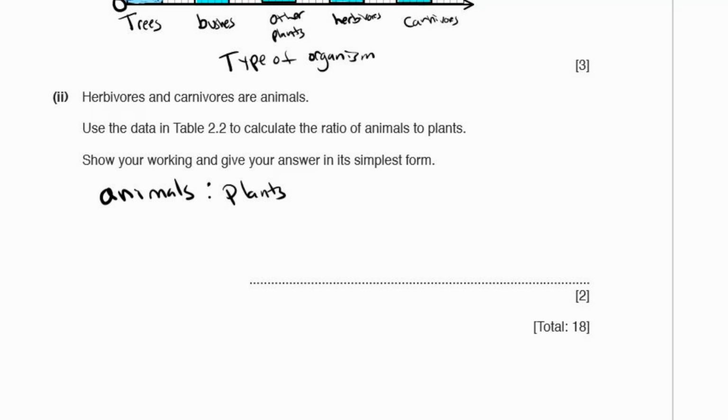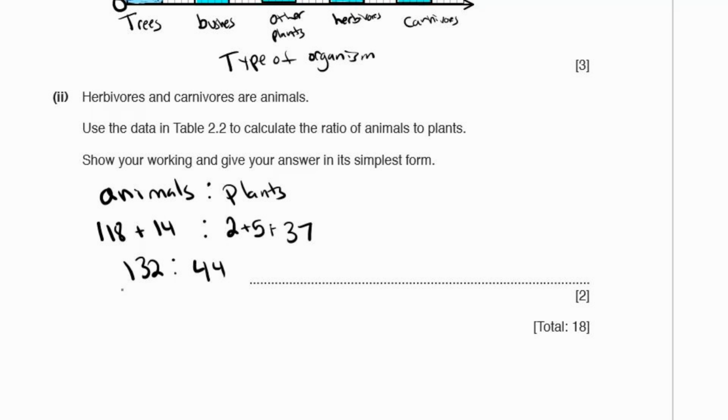Okay, so how many animals do we have? We have 118 plus 14 animals to 2 plus 5 plus 37 plants. Okay, so 118 plus 14, that is 132, and 2 plus 5 plus 37 is 44.